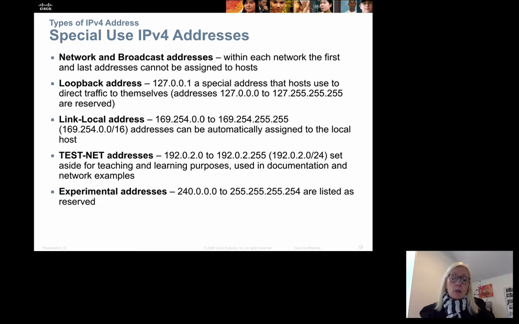Then we have the link local address, which is 169.254.0.0 up to 169.254.255.255. It's an address that will be assigned to you if you don't find a DHCP server on the network. Then we have the test net and the experimental addresses, so there are some addresses that we are not able to use.